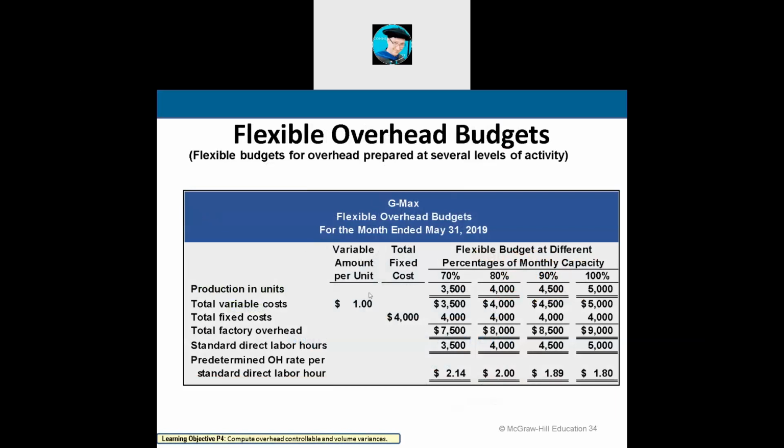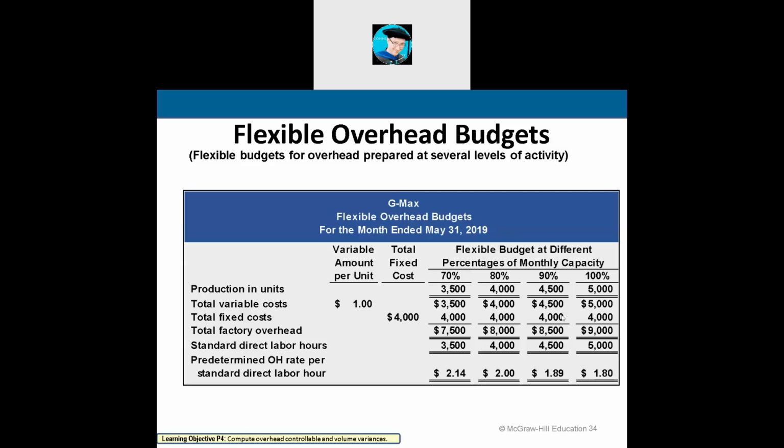Usually steps 1 and 2 are going to be given to you in any kind of question you might have. And these are the different activity rates: 70%, 80%, 90%, 100%. Then we can figure out the overhead rate per hour by looking at the number of units for production times the percentage capacity.